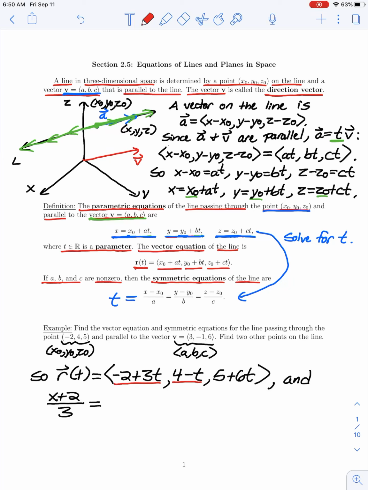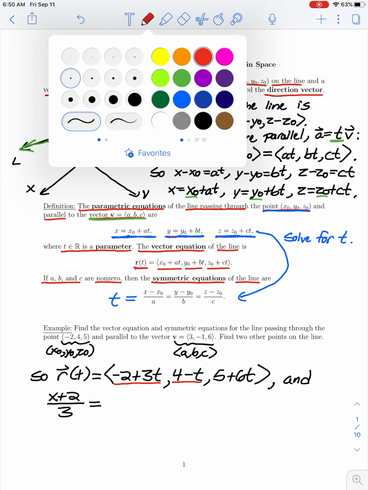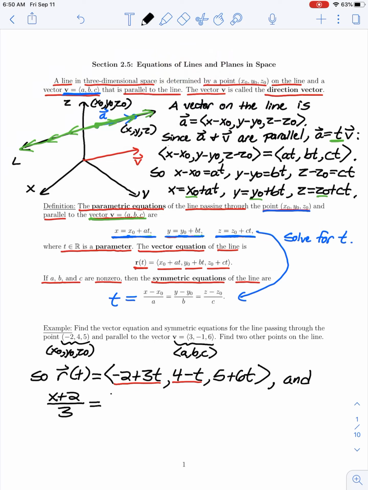So if y is 4 minus t, then t would be 4 minus y over 1 here. And then that would equal, if we are solving our third equation, which is z equals this expression for t, z minus 5 all over 6.